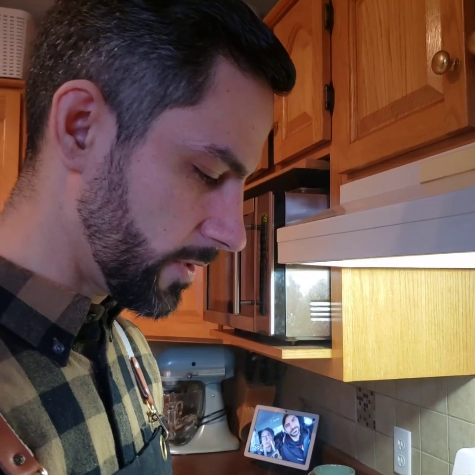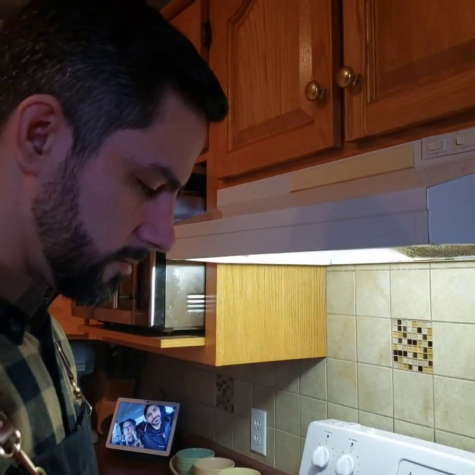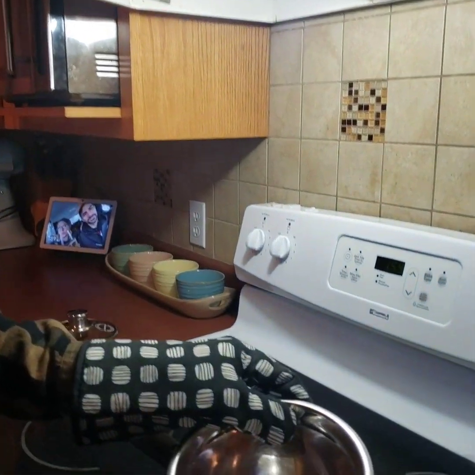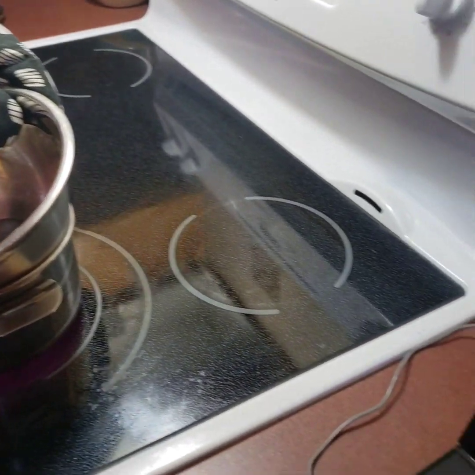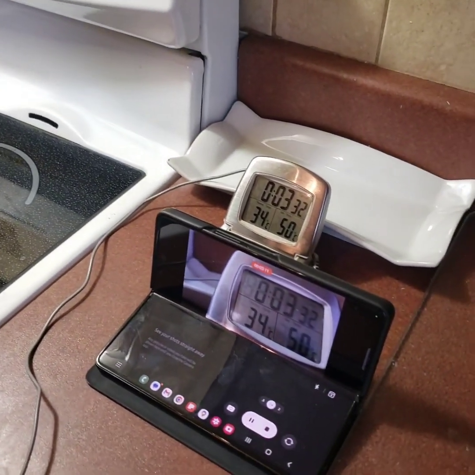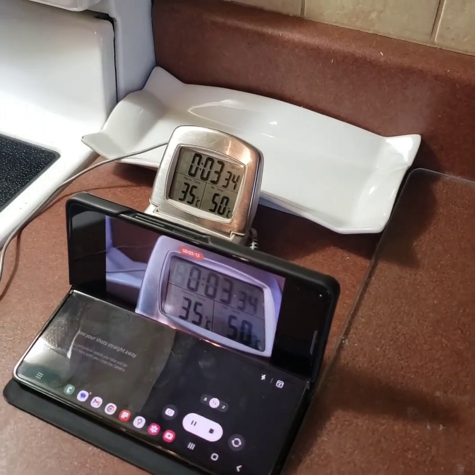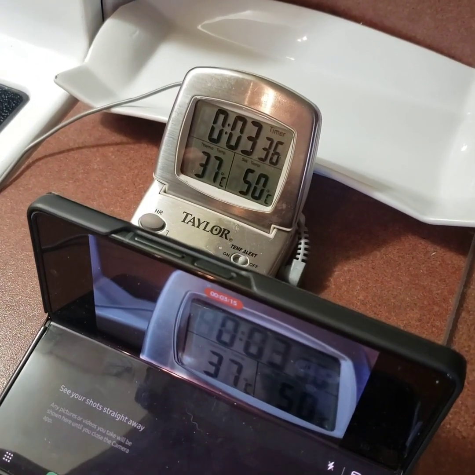The melting point of chocolate is typically between 30 and 40 degrees Celsius. Different types of chocolate have different boiling points, as well as different types of melting chocolate that you could use.